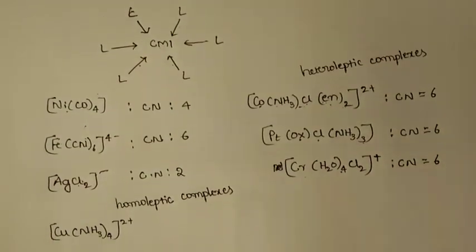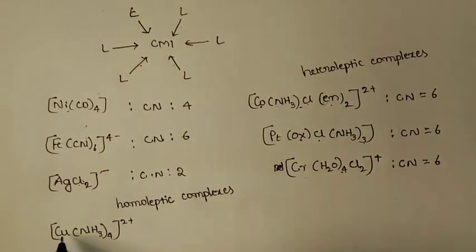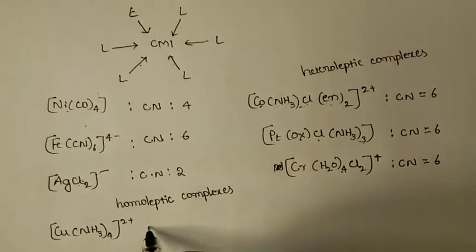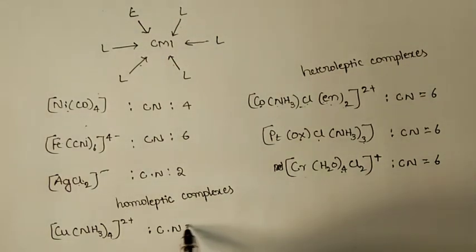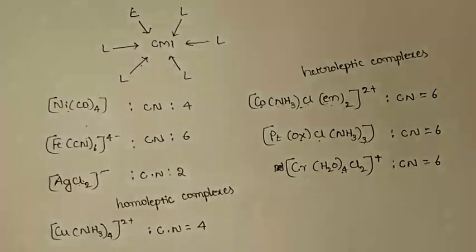Copper is the central metal ion, Cu2+, surrounded by 4 amine ligands, and amine is once again a neutral monodentate ligand, so one ligating atom, and there are 4 such ligands. Therefore, the coordination number of this complex is 4.